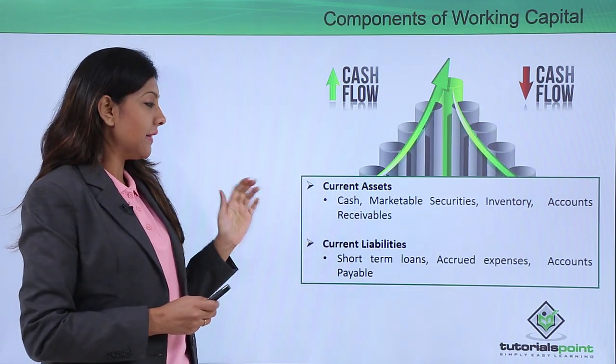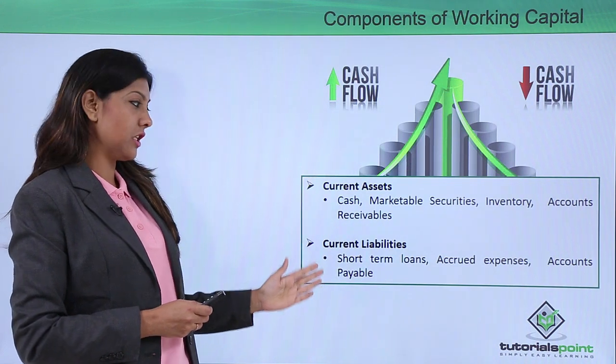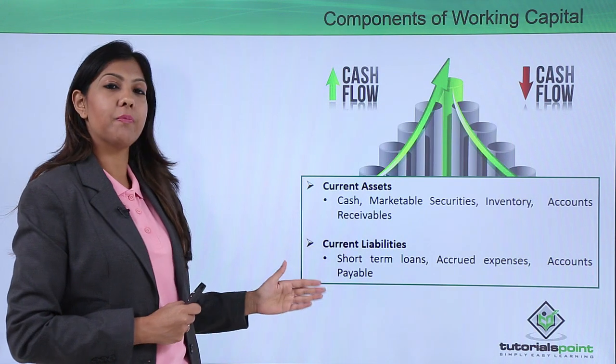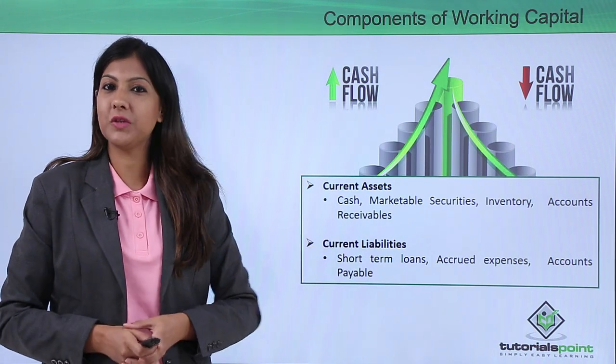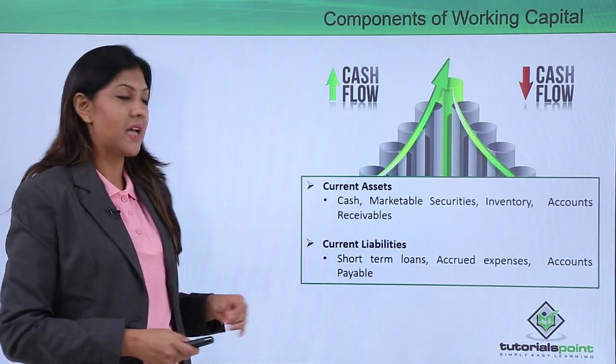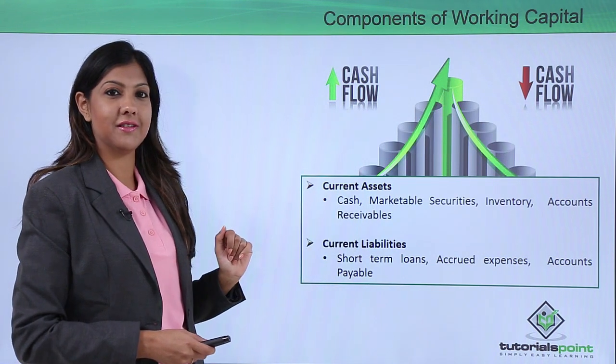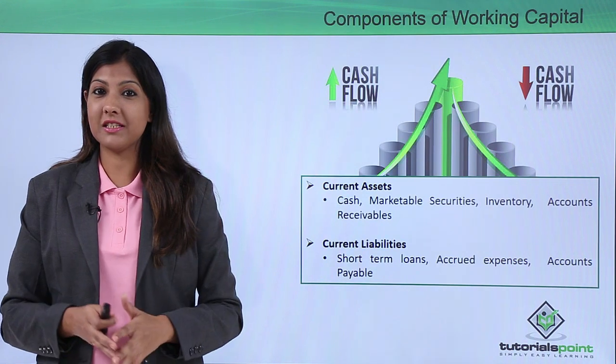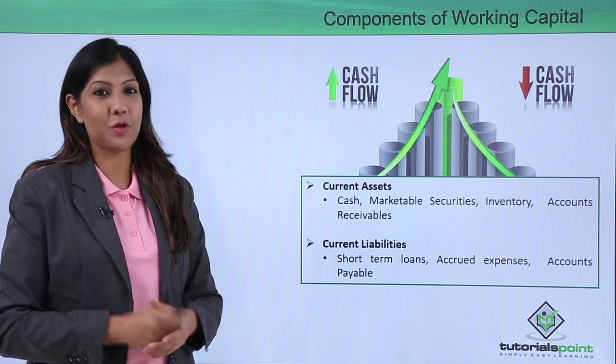The current liabilities are the short-term loans, the accrued expenses in the company, the accounts payable, and the salaries which go to the employees, etc. When you subtract the current liabilities from the current assets, that is the working capital, which is one of the components of working capital.